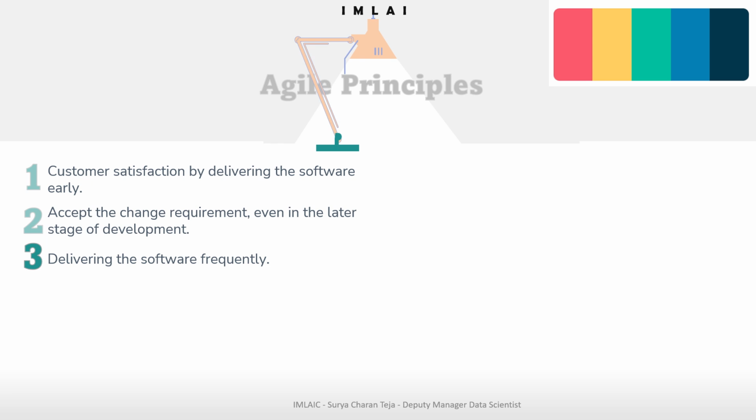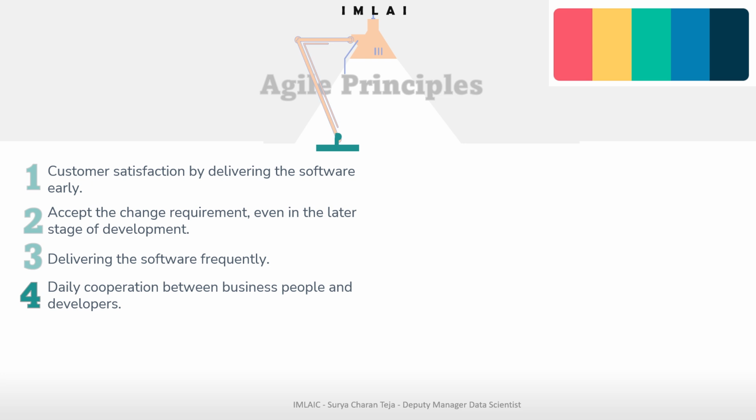Let us move to the next agile principle, which is very impressive. The fourth one is daily cooperation between business people and developers. This is very important.